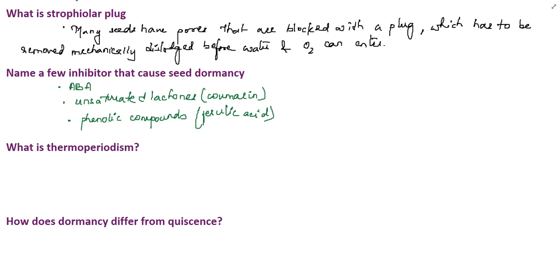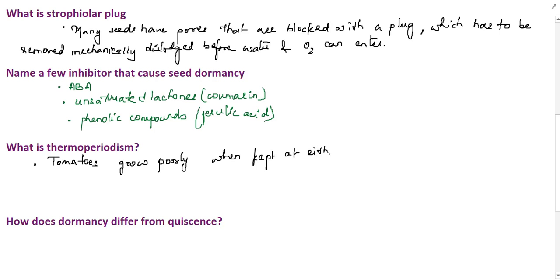Next is, what is thermoperiodism? Thermoperiodism is best explained by the example of tomatoes. Tomatoes grow very poorly when they are kept at either 26 degrees centigrade or 18 degrees centigrade.